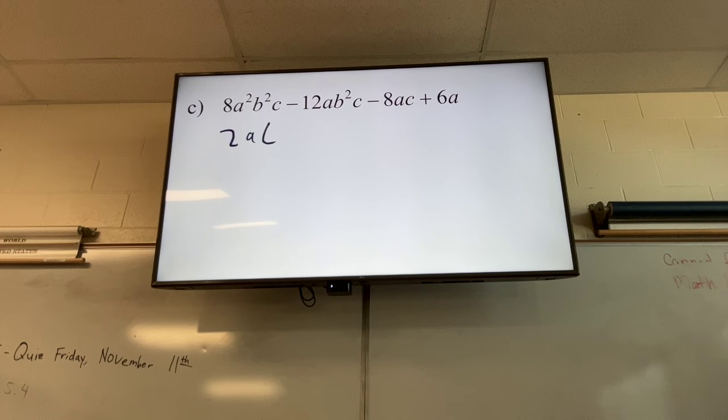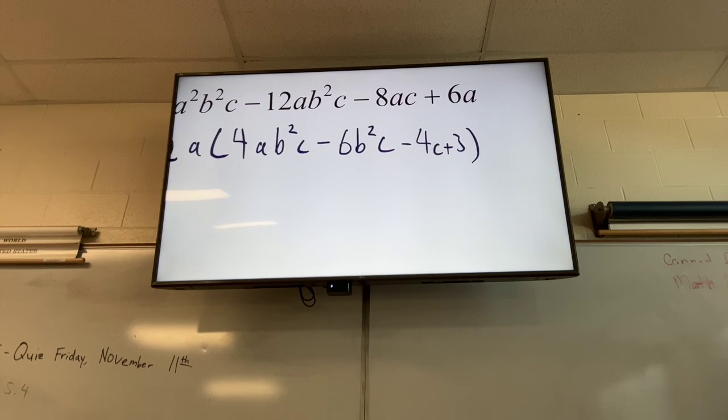And then what do I write inside my parentheses? 4a b to the second c, then minus 6 b to the second c minus 4c plus 6. Good job. What's 6 divided by 2? Oh, 3. Just be careful. I hate seeing people get problems wrong because they made a little mistake.